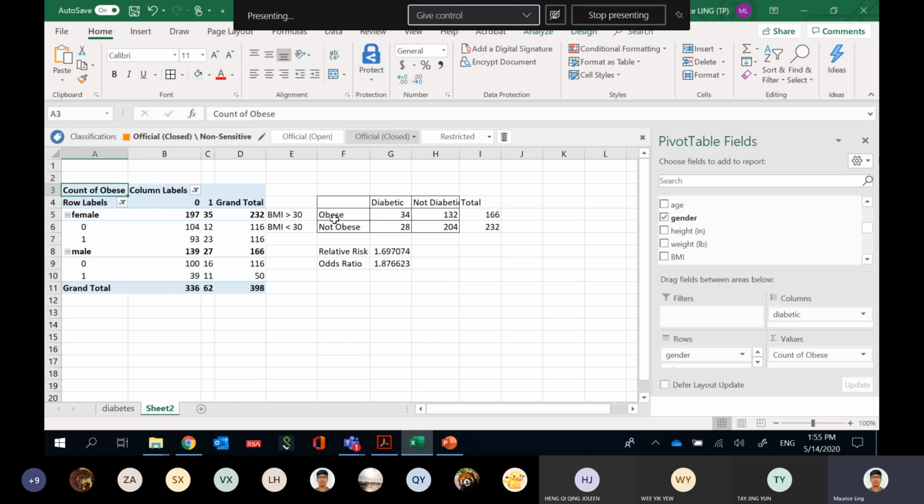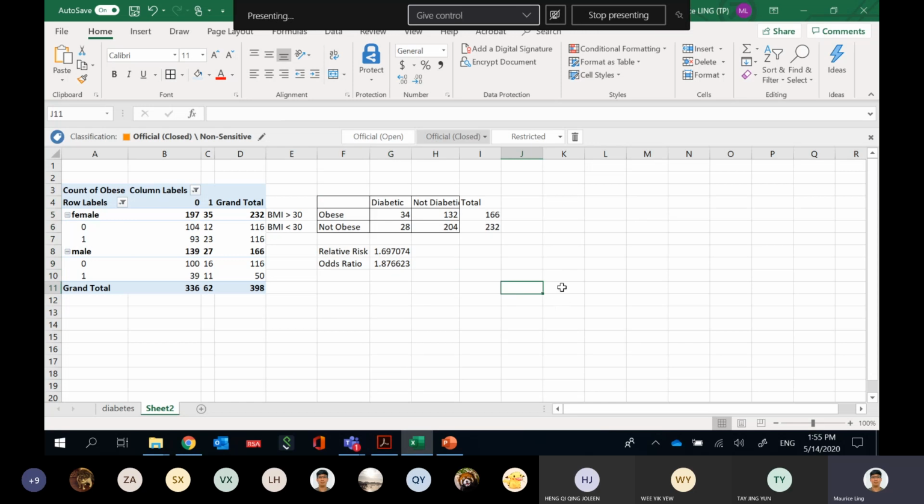Okay, what is the relative risk and odds ratio if you are male or if you are female? This is in totality. How about if you are male and female, does it make a difference? Okay, so let's do this stage and we'll see. So this is male plus female. I'll say this is total.